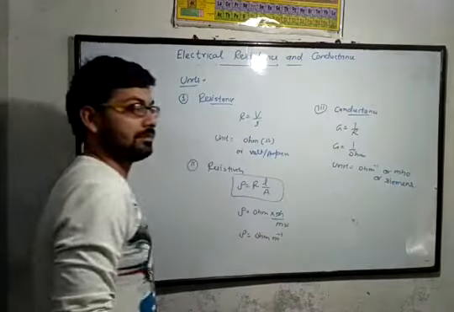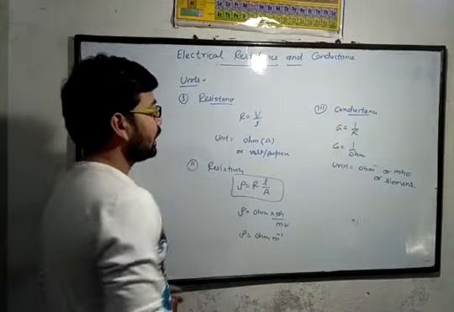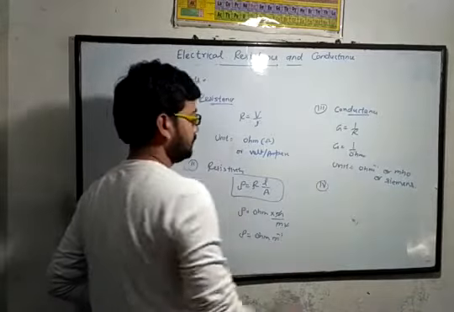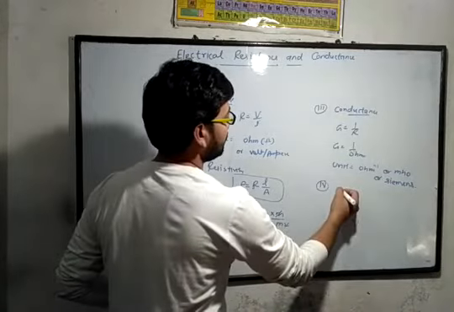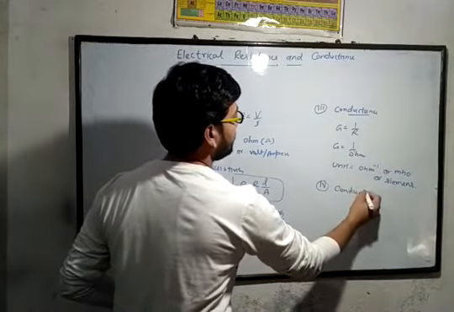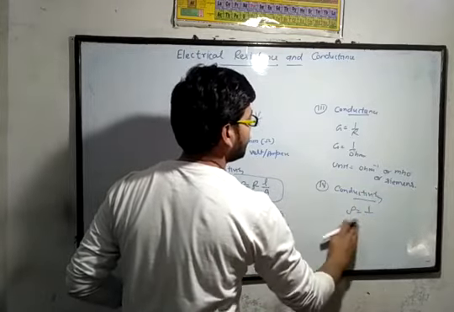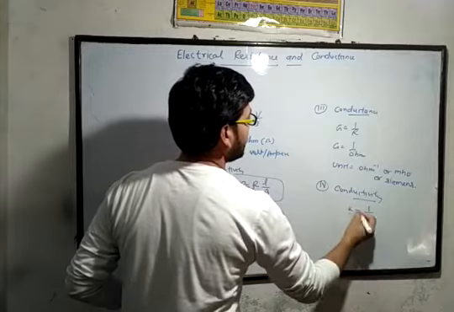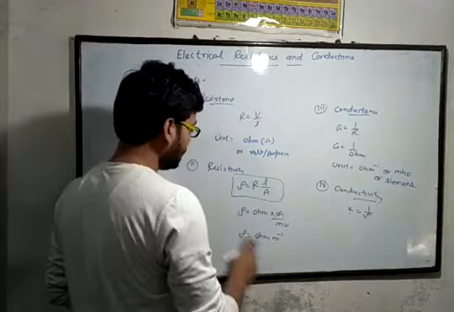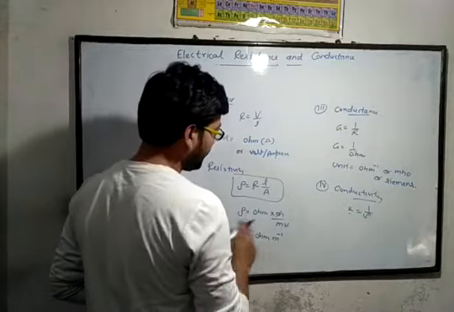This is the scientist's name. And the fourth is conductivity. K is equal to 1 upon rho, and rho has the unit ohm meter inverse.